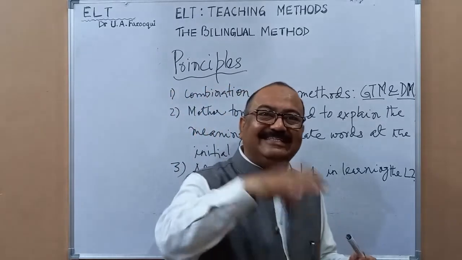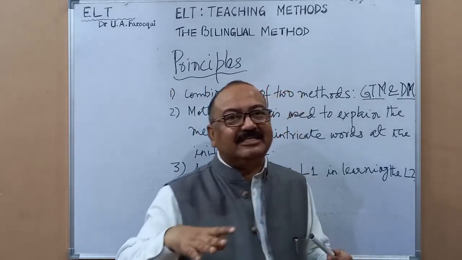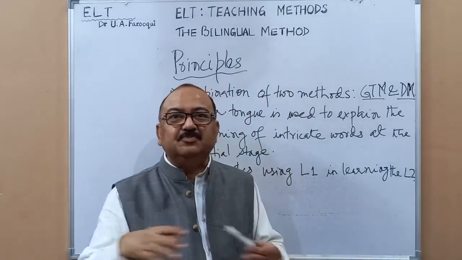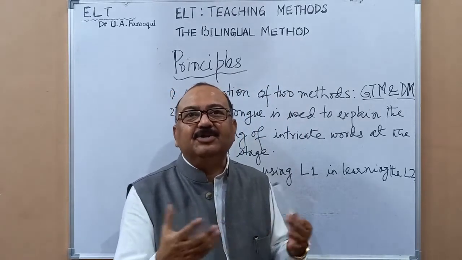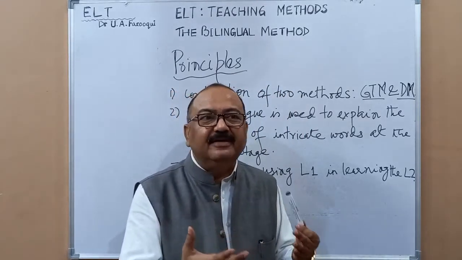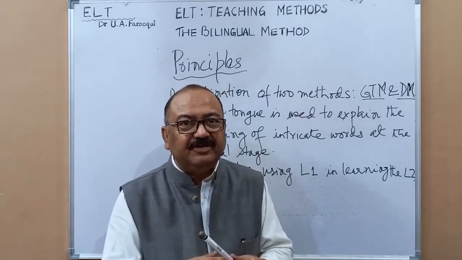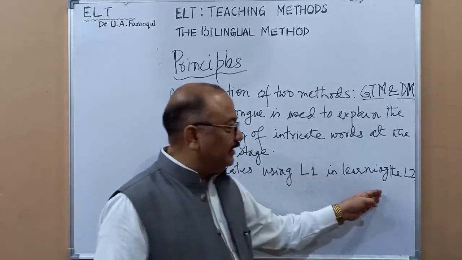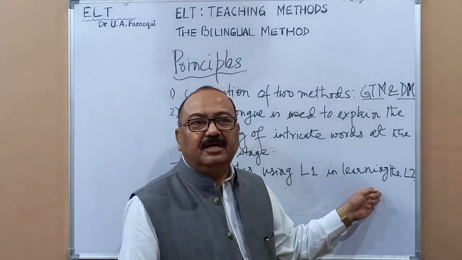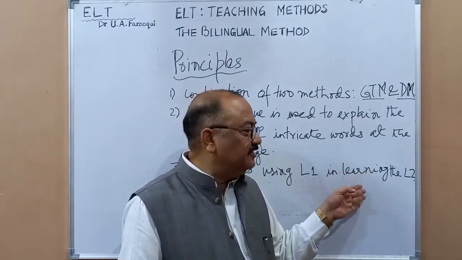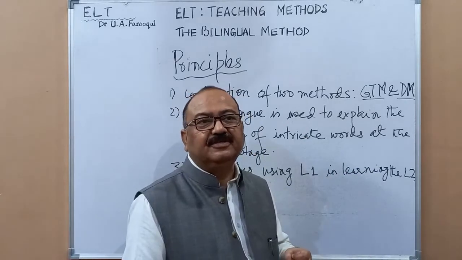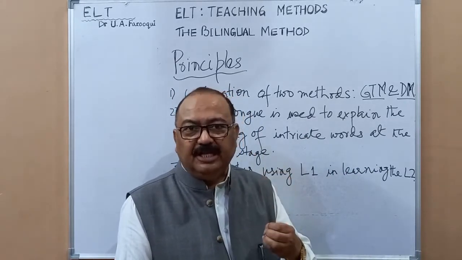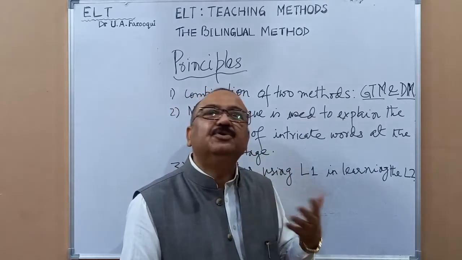Emphasis is given to reading and writing. Spoken skills are not given importance there. So although L1 is used, it is different from the translation method in that it places strong emphasis on teaching language orally.